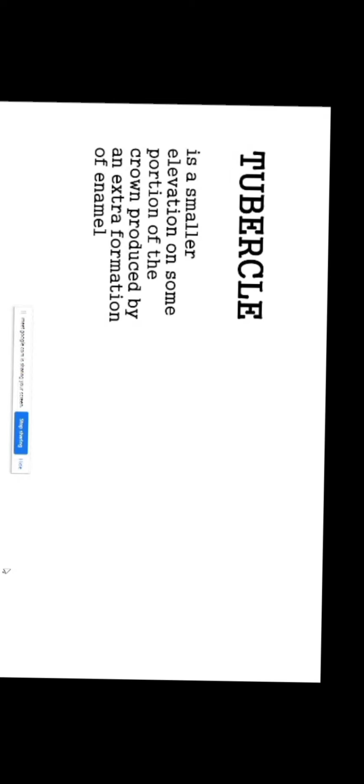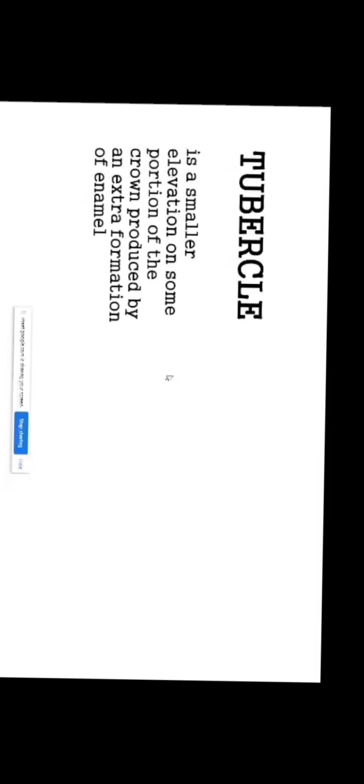However, all teeth can have a tubercle because this is not normal anatomy but more of an anomaly. However, this is not a disease. It's just a slight deviation from what is normal. That's why we call it an anomaly.